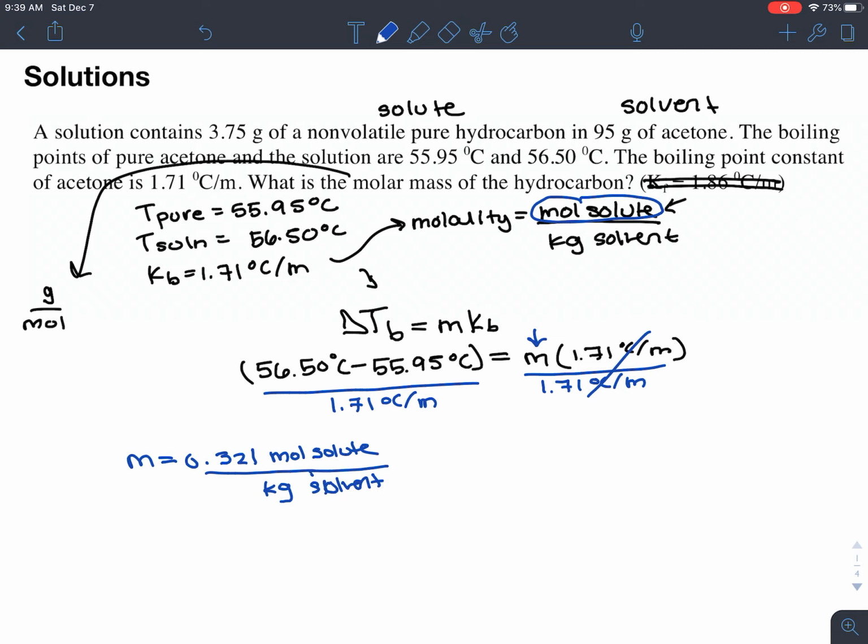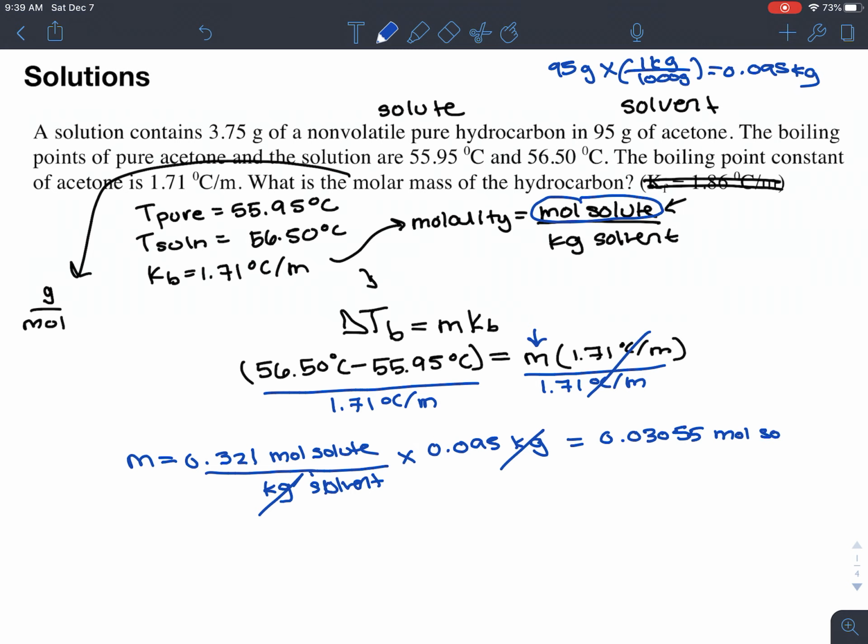I have 95 grams, which would just be, if you do your conversion, 0.095 kilograms. So if you multiply that by 0.095 kilograms, you cancel out your kilograms of solvent and find out how many moles you have: 0.03055 moles solute.